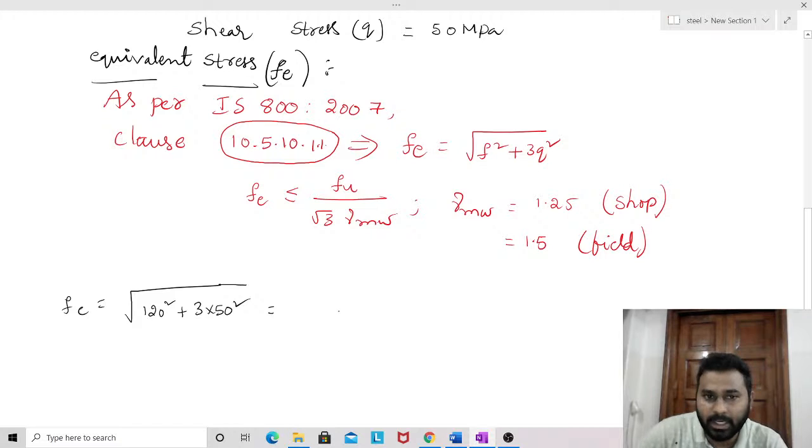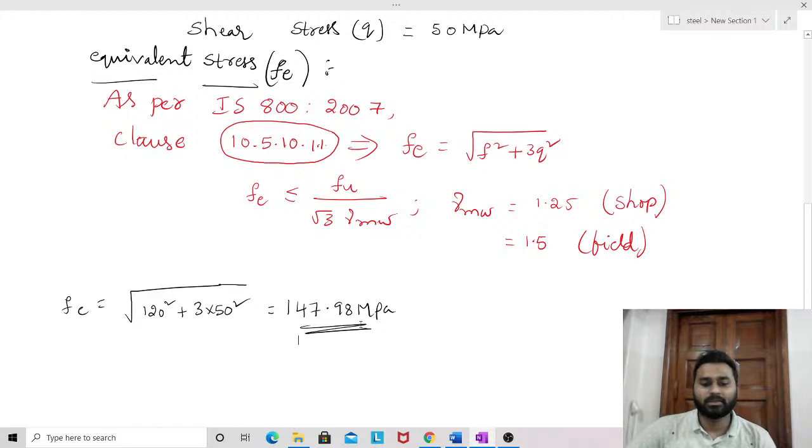Upon solving, we get the answer as 147.98 MPa. This was the answer for the first question.